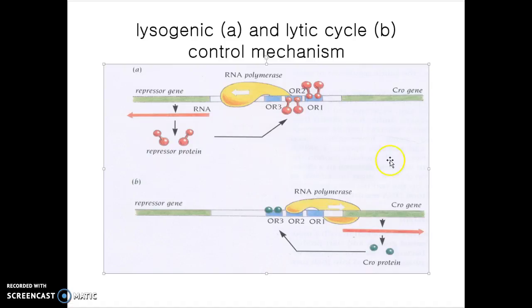So two proteins, the repressor in red and Cro in green. The topic in this chapter is how these two proteins bind to these regions in a base sequence specific mode.